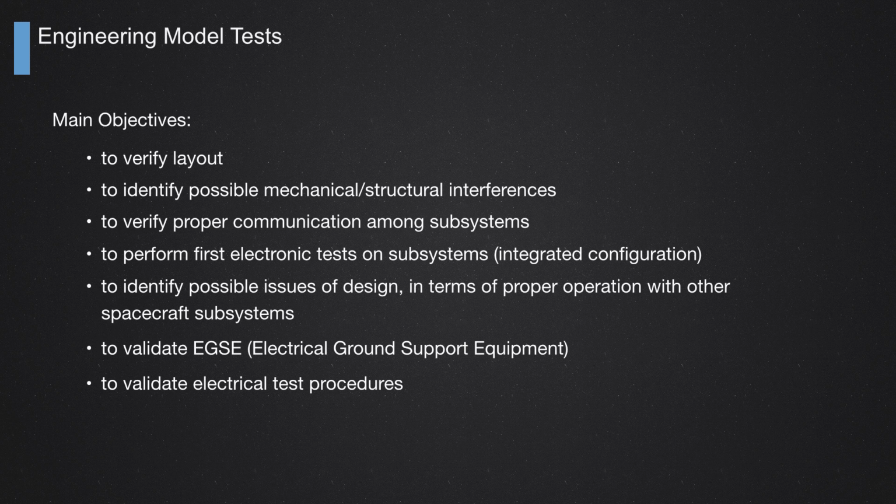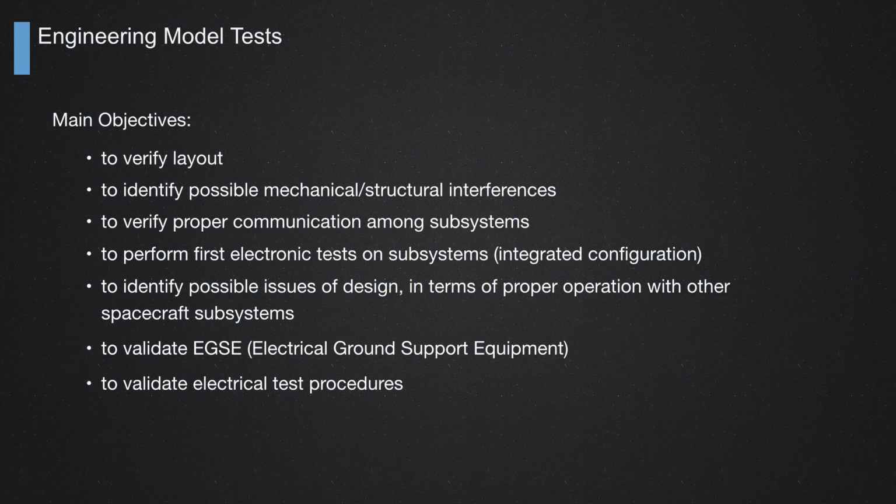Let's start with the engineering model tests. The objectives of these tests are to verify the layout of the model, to make sure the building of the spacecraft was made according to the design. I have all the compartments and all the boxes positioned, so we want to check this layout.